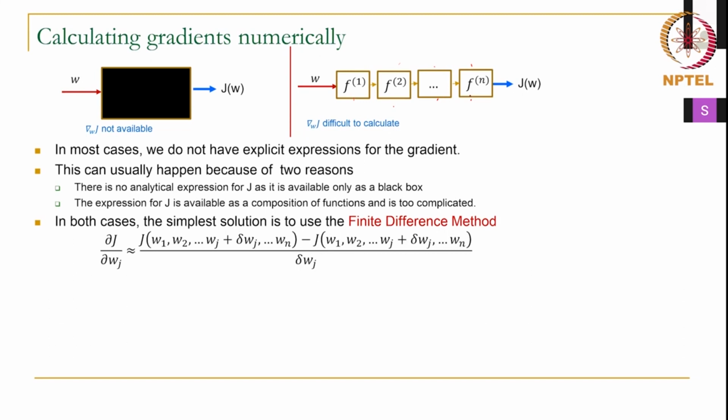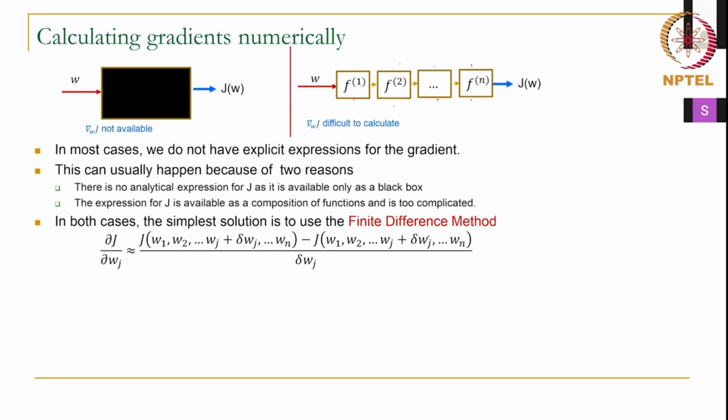Suppose I have some weight, del J del W0. I took W0 and W1 as 0 and 0. Now I take W0 as 10 to the power minus 5 and W1 as 0. So I perturb only W0, then find out how much J changes, and that's literally the meaning of del J del W0, which is change W0 by a little bit. Only that variable we perturb and then calculate it.